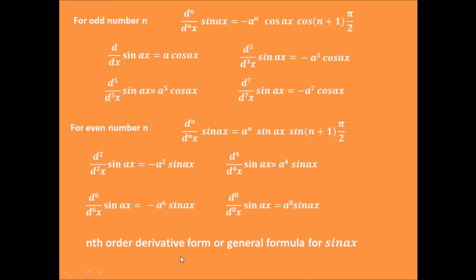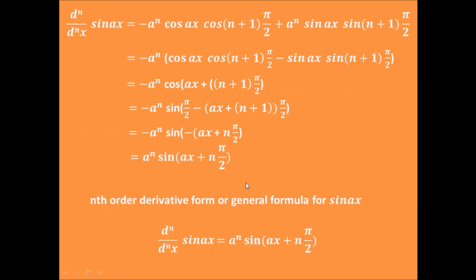So we can have the nth order derivative form, or general formula, for the sine ax function, which is minus a to the power of n times cosine ax times cosine of (n plus 1) pi divided by 2, plus a to the power of n times sine ax times sine of (n plus 1) pi divided by 2.